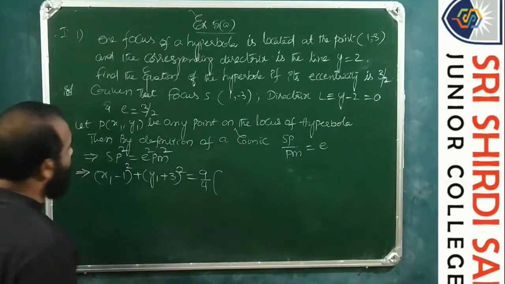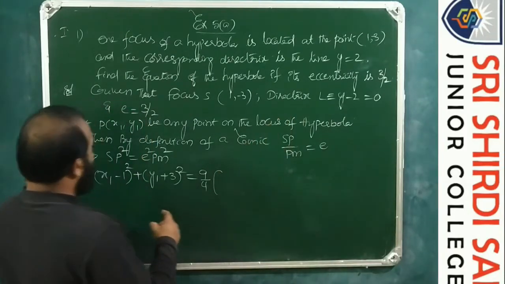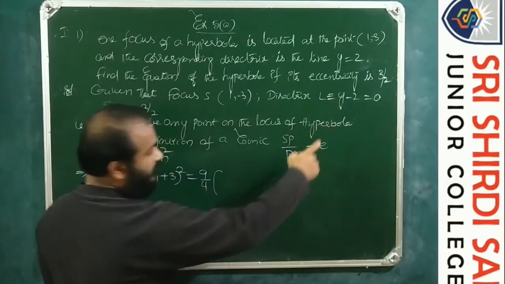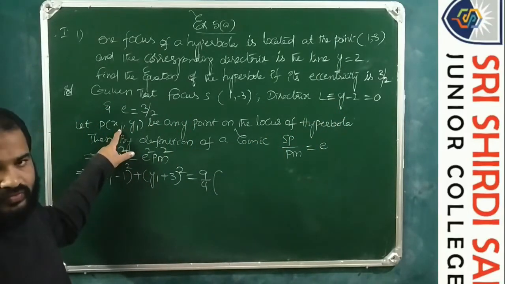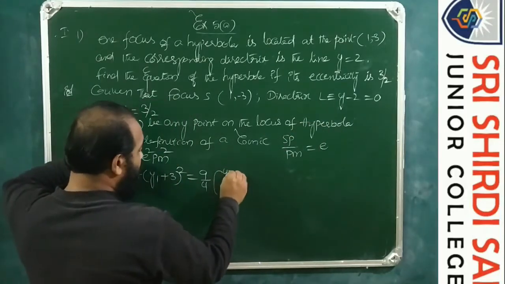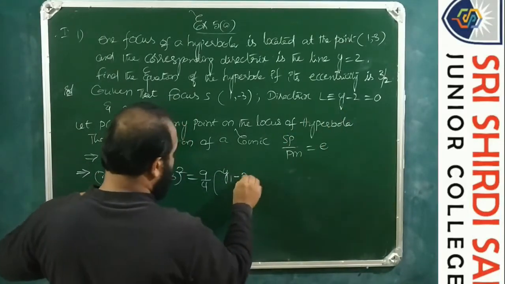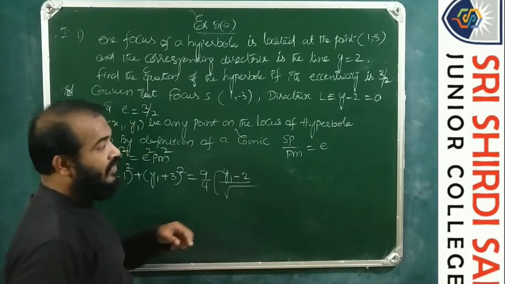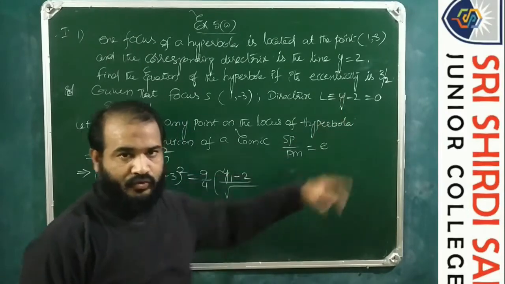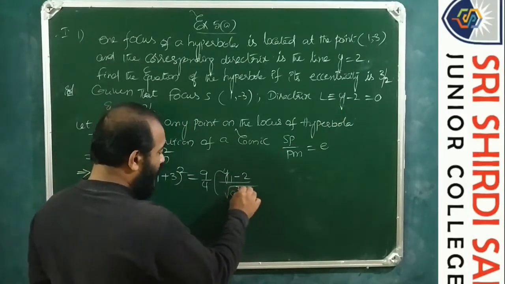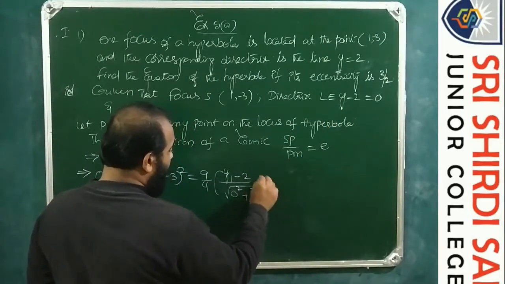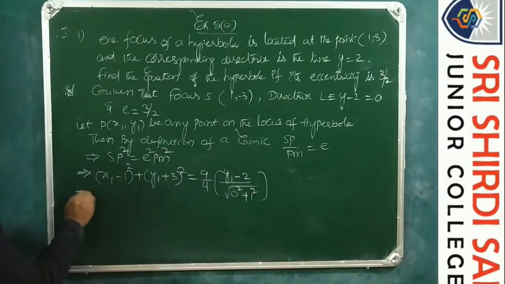Here there is 0 in the place of x1, 0x1 is 0. So in the place of it, y1 minus 2 by the square root of the square of the coefficient of x plus the square of the coefficient of y. Here x is absent, so the square of the coefficient of x is 0 square, plus the y coefficient is 1, its square.